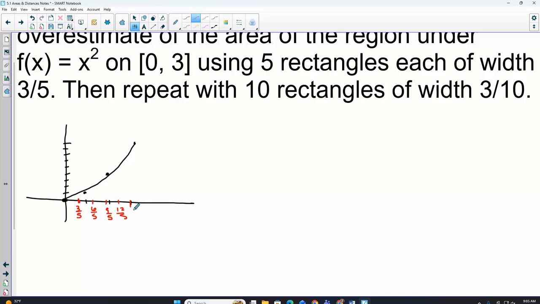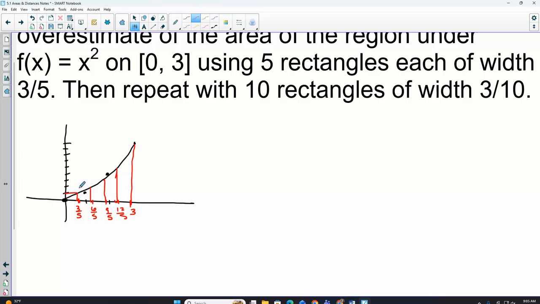So if I were going to use these to estimate my height, we are not going to draw a picture on every one, but for the first example, I'm using a picture to illustrate what's happening. If I wanted an overestimate, that means I'm looking at the rectangles that are above my curve.